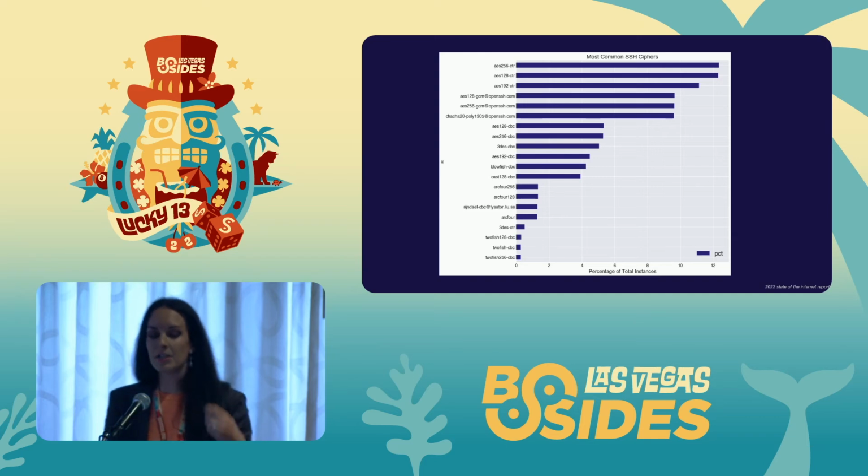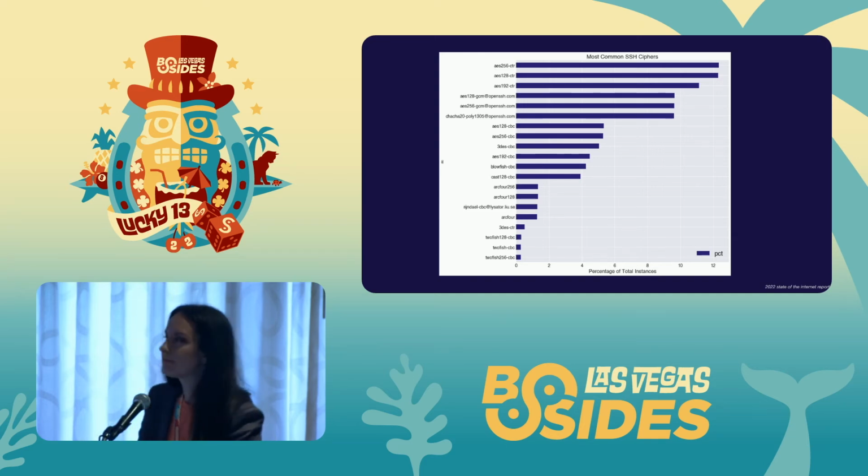So let's look at SSH ciphers next. And this, to orient you, is actually out of percentage of total instances. So most of these, 75% of these actually, are either an AES algorithm or Poly 1305.